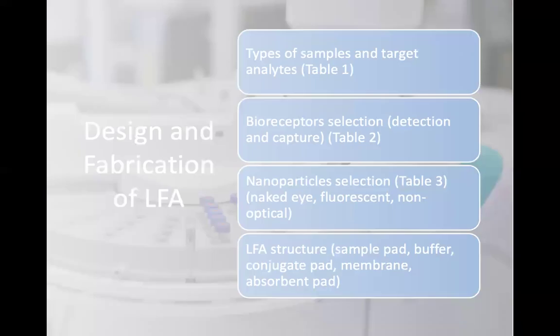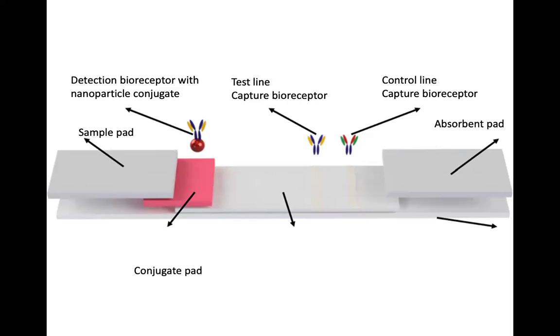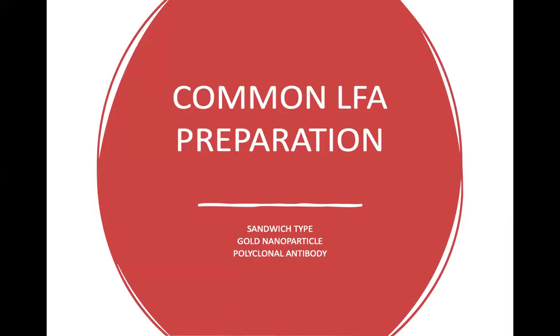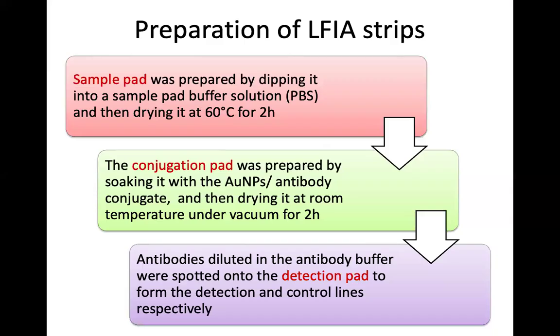Okay, so preparation, synthesis. I think this one is the detail, which is something that you will learn again tomorrow, so I'll go very fast. The preparation of sample pad: you see that it's using PET buffer, drying.